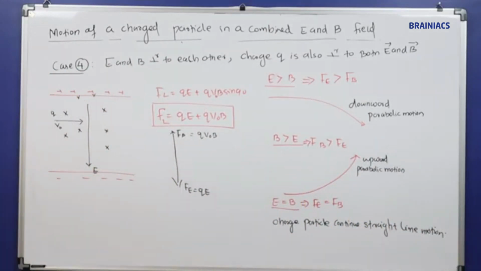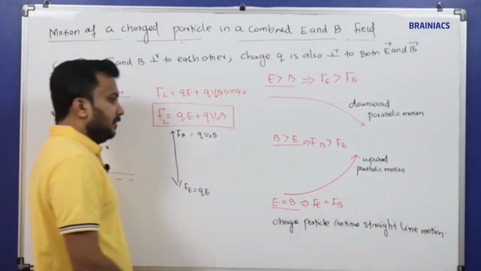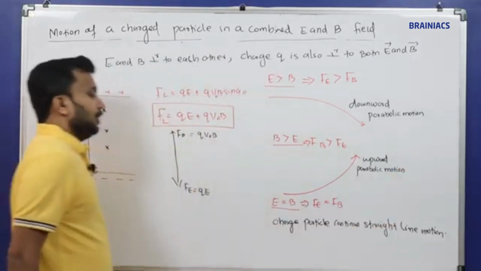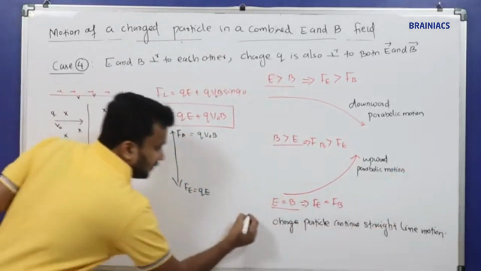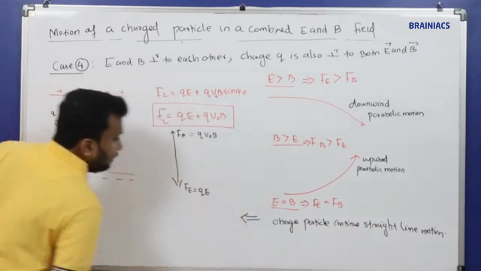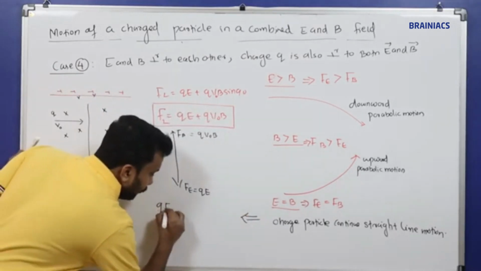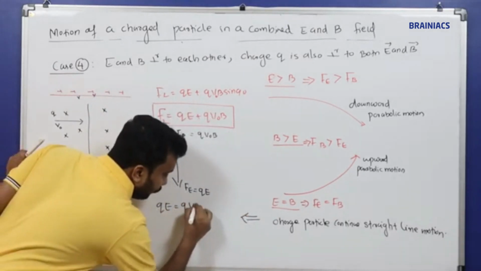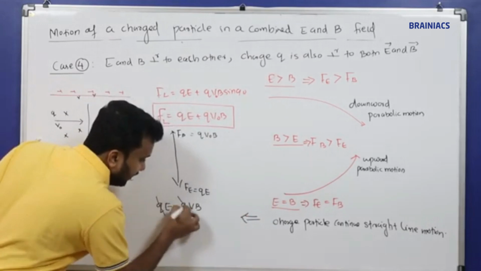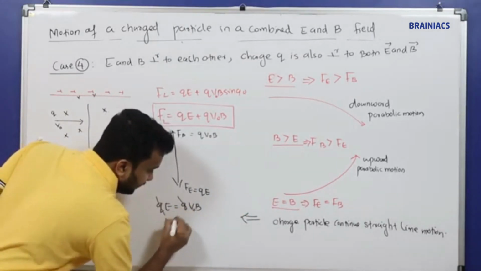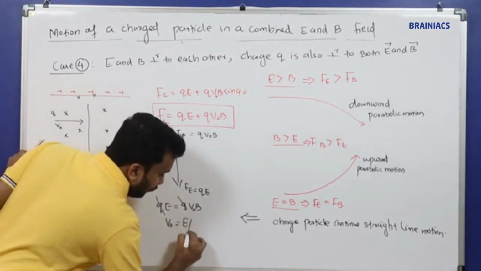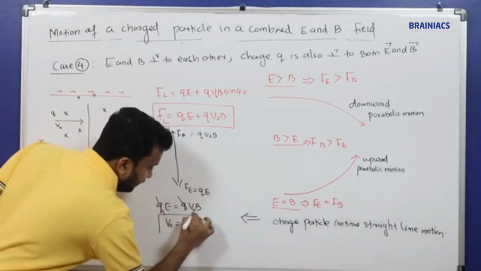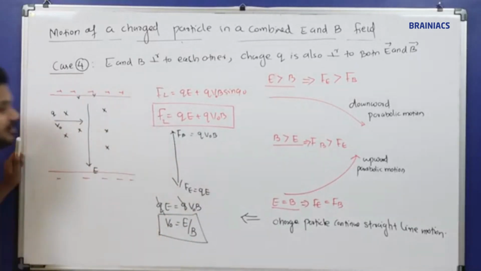If it is continuing straight line motion, then of course it must have a speed. This is a special case for me. So QE is equal to QVB. Sin 90 is 1, the charge cancels, and this velocity V0 will be equal to electric field by magnetic field. This is an important relation.